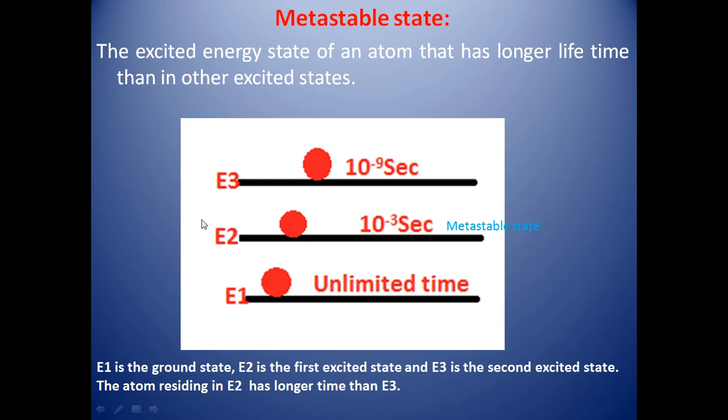So, E2 is called a metastable state. We can define it as the excited energy state of an atom that has a longer lifetime. That means if an atom has longer lifetime in a particular energy state, that energy state is called a metastable state.